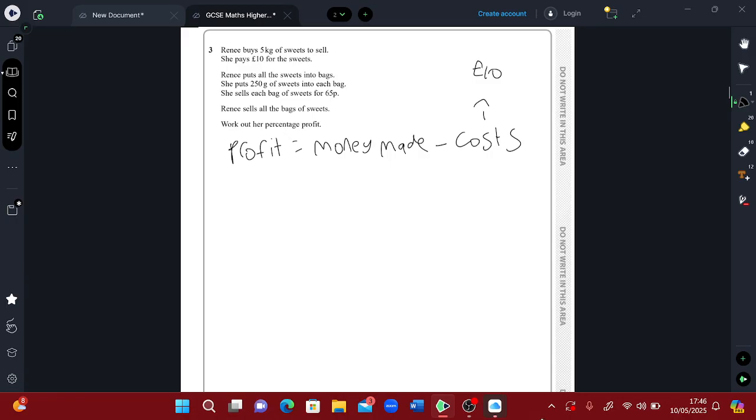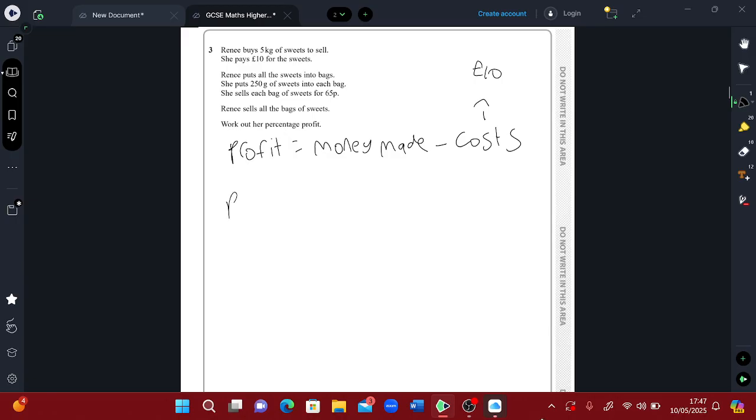Well, does it give us any cost here? Not no. She puts 250 grams of sweets into each bag. But we know she bought 5 kilograms of it.